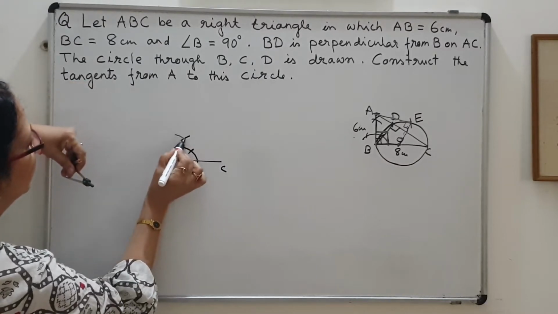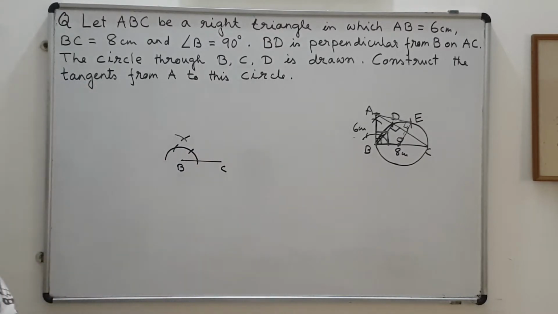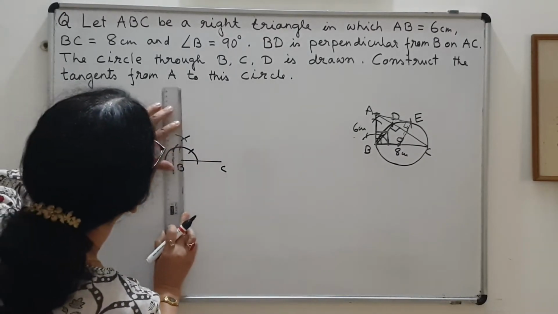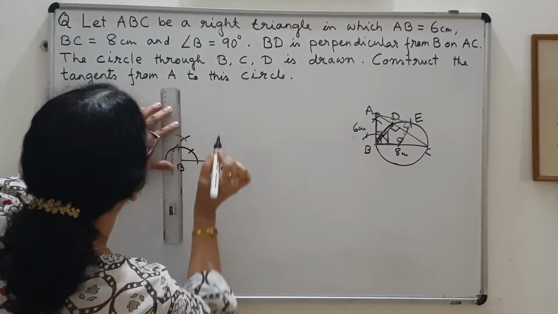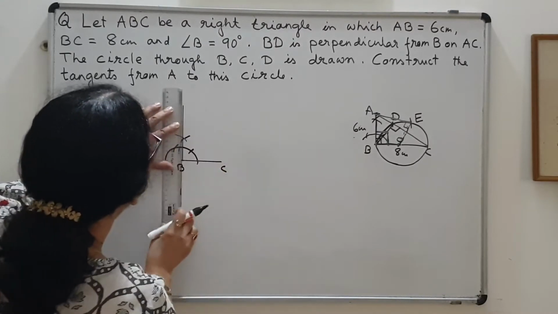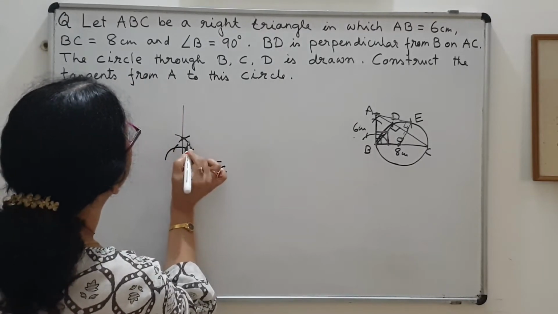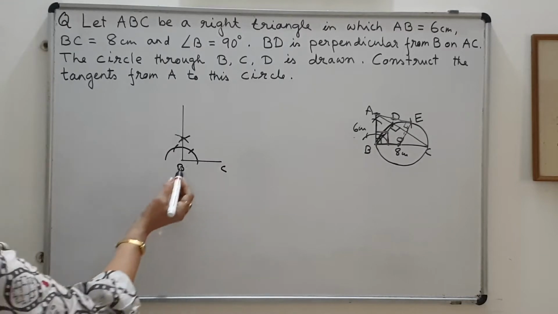So this point and this point I will be joining to get the 90 degree line. So I've constructed 90 degrees here.